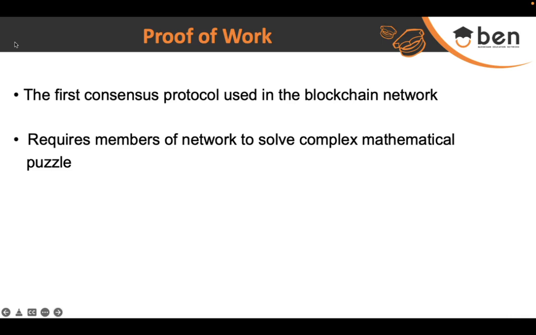It's a very complex puzzle, and it requires a lot of computational power at their end. The miner who successfully solves that puzzle first gets to add that new block to the blockchain, and he gets rewarded in that cryptocurrency. He gets incentivized for that, and that's the main incentive why miners use that computational power.